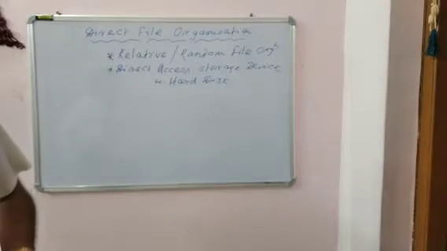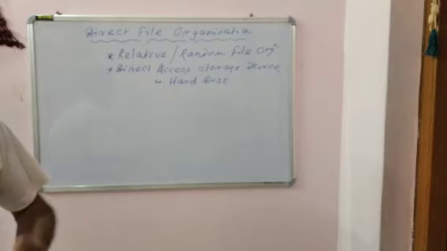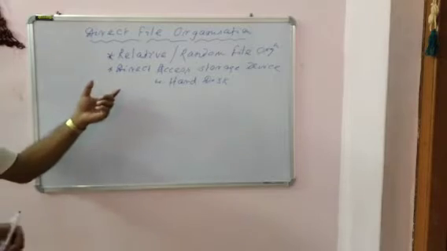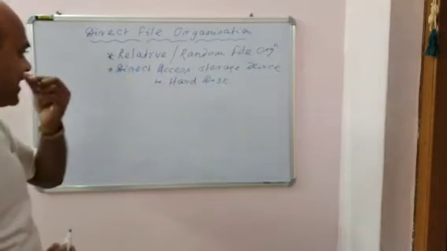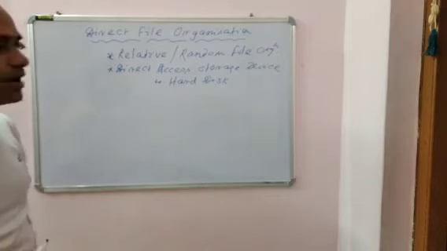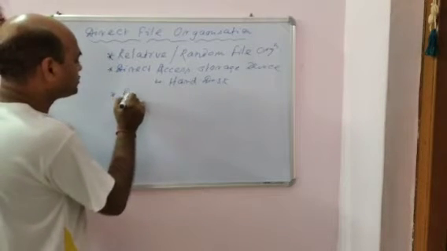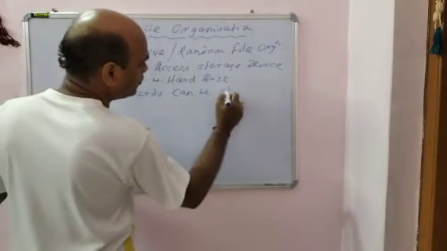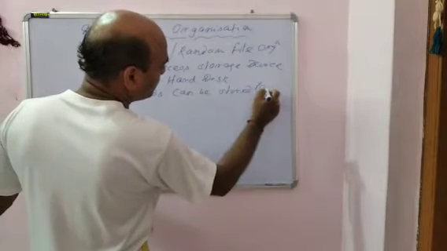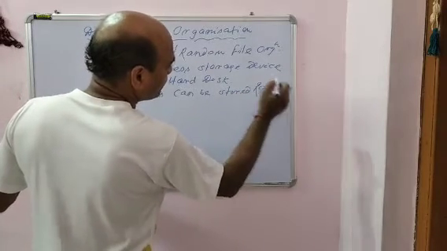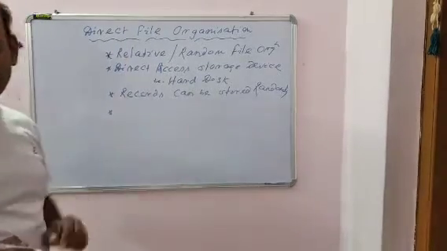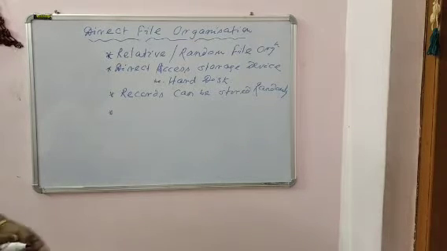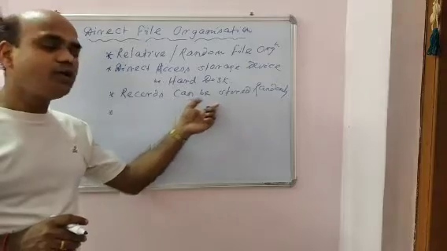The records are randomly placed throughout the file. Here the records stored in this hard disk can be stored randomly. Records do not need to be in sequence; all records are not required to be stored in sequence.